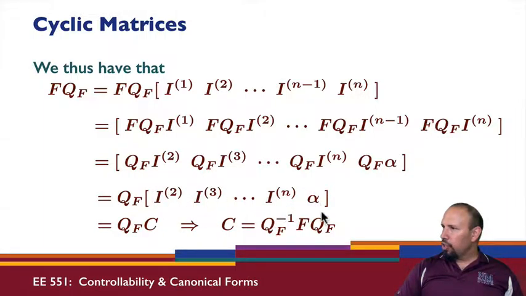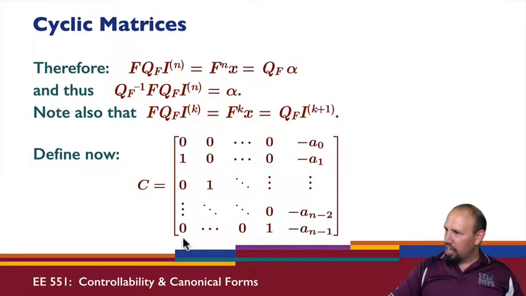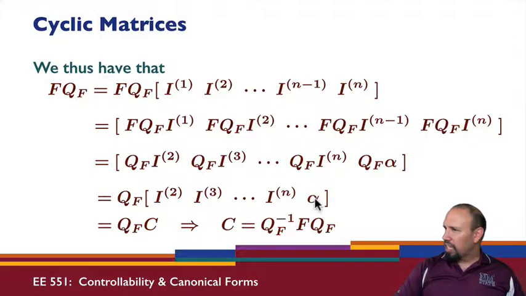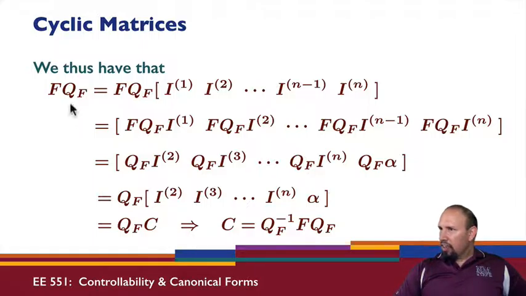But I can go through and show that this matrix is exactly what we called C. So this is the second column of the identity, third column of the identity, and so forth, all the way to the nth column of the identity. And this is QF times alpha. So that's just alpha, QF times alpha. So this is what I get. And so I have this relationship is equal to this. I can solve for C, and this is what I get.